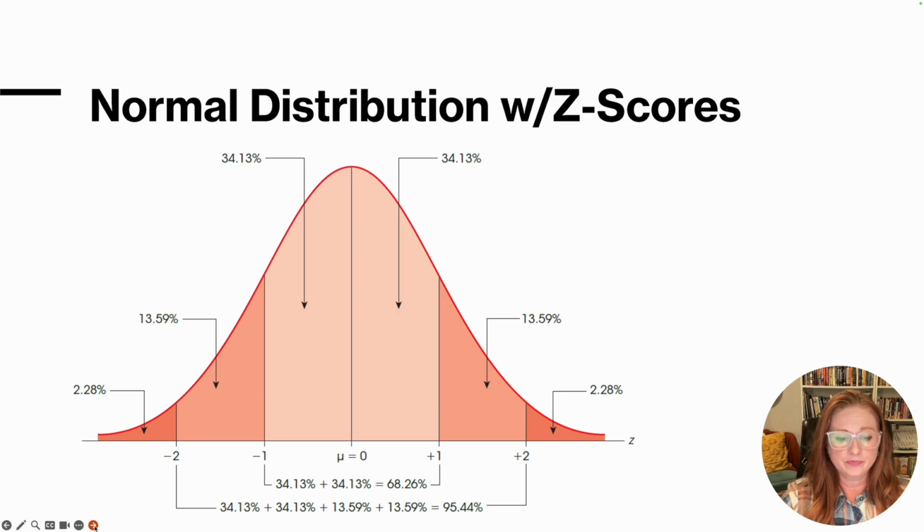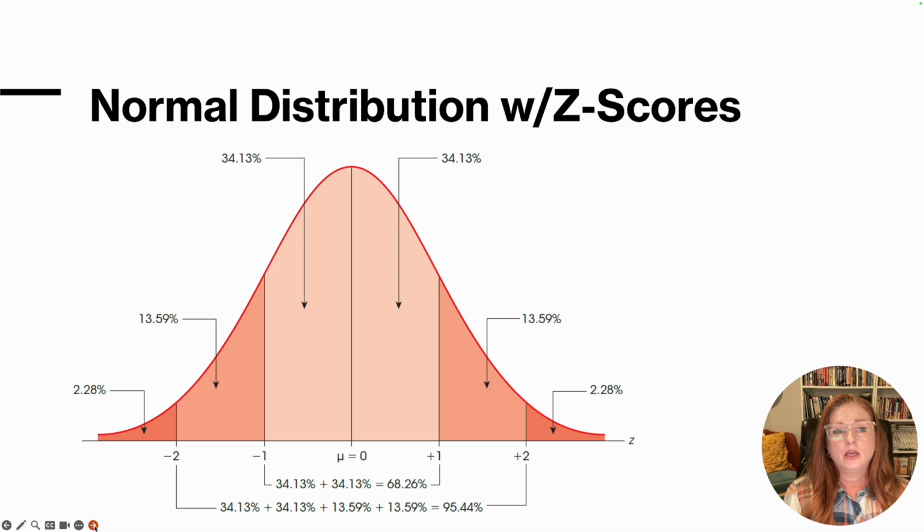Percentage-wise, 68.26% of us fall between -1 and +1 z-score from the mean all the time, regardless of whatever thing we're talking about. So in this case, IQ scores.